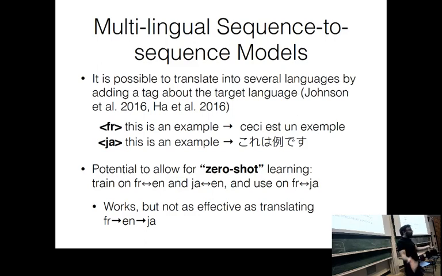However, if you just provide it during inference time with a French sentence and tell it in the input tag that the input is French, and give it an output tag that's Japanese, then the model will produce a Japanese sentence that looks very much like a translation. And that's quite effective, but to be fair, it's not as effective as doing this two-step translation using that model, translating through English. So you give it the French sentence and you create the English, which is the language that it has actually seen lots of data on, and then you take that English sentence and you translate it into Japanese, and this works better.